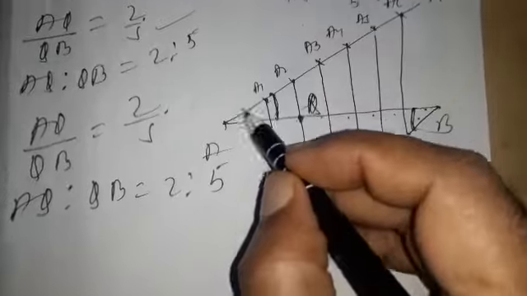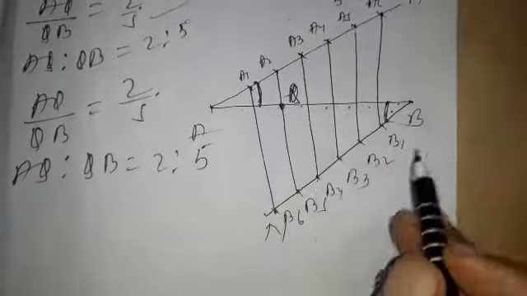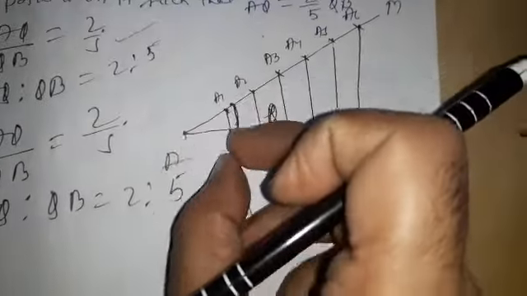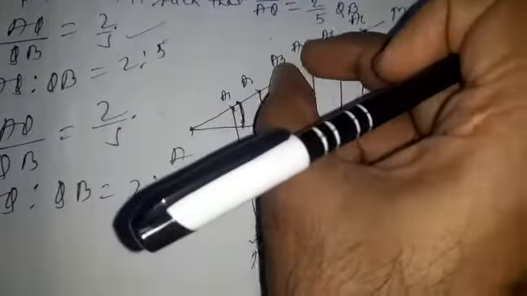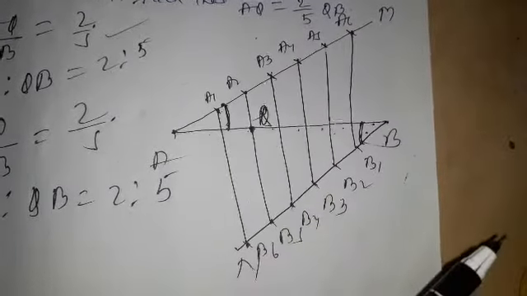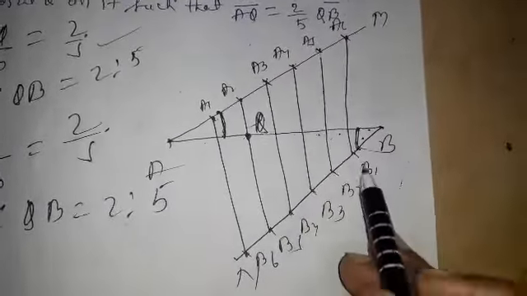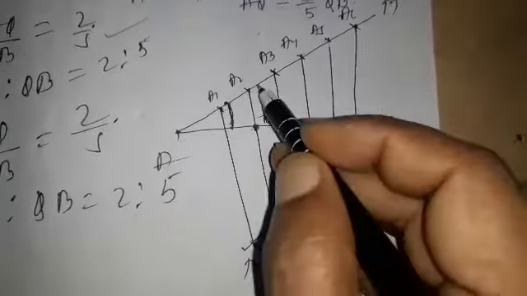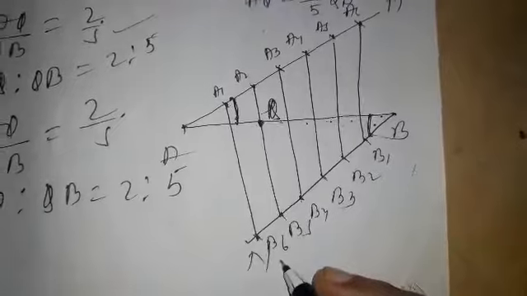For this, we take 6 points along AM and 6 points along BN of equal distances with the help of compass, and then join A6 B1, A5 B2, A4 B3, A3 B4, A2 B5 and A1 B6.